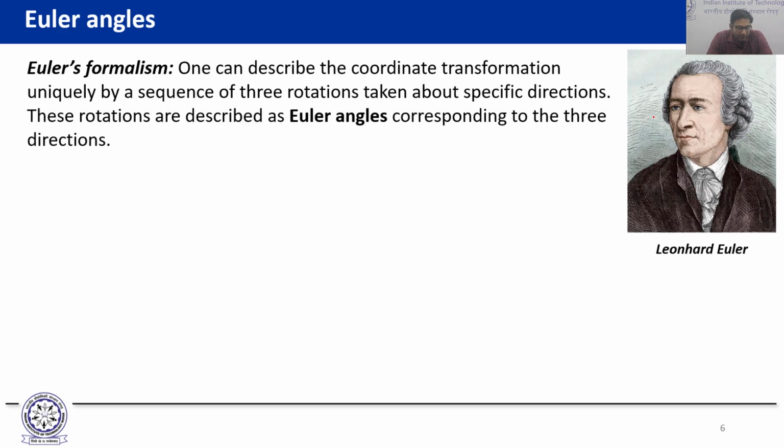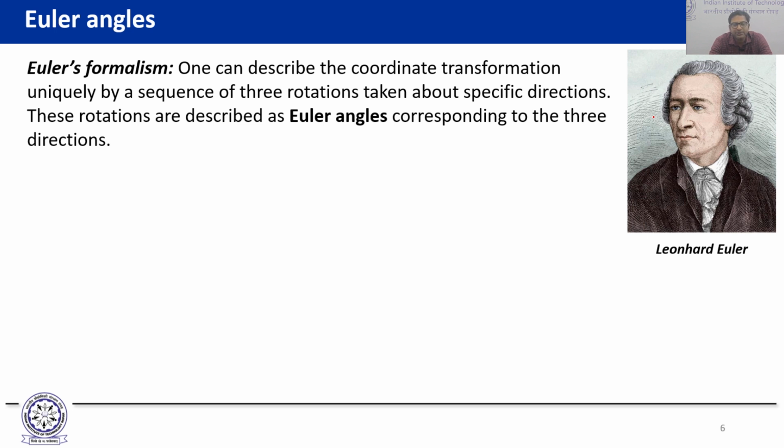Now, one more concept we need to define at this stage is this formalism that was developed by Leonhard Euler. According to Euler's formalism, one can describe the coordinate system uniquely by using a sequence of 3 rotations, which have to be taken about specific directions.